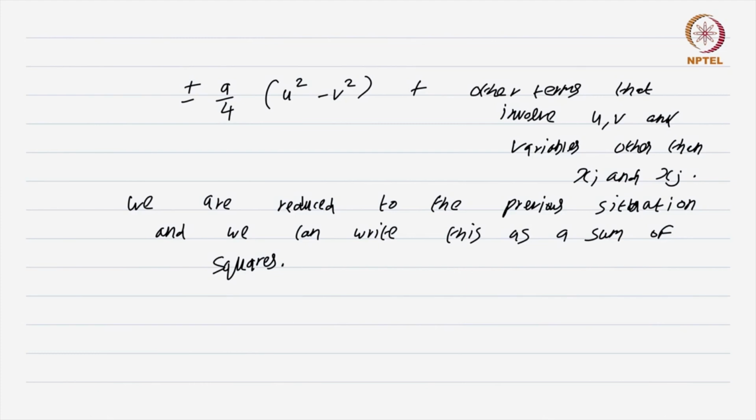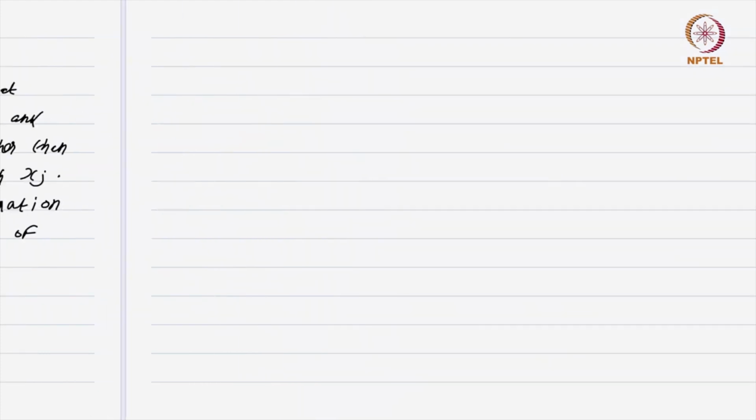Tradition demands that I work out one or two examples. So I will work out really trivial examples and leave some in the exercises to you. Look at the quadratic form x squared plus xy. To complete the squares, it's very easy. You write this as x plus y by 2 squared minus y by 2 squared.